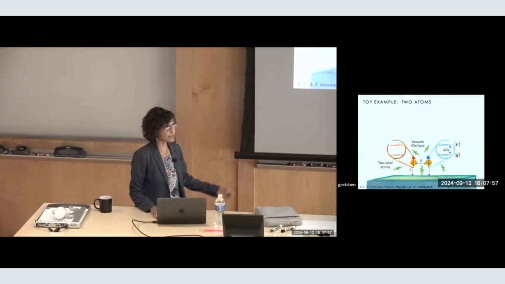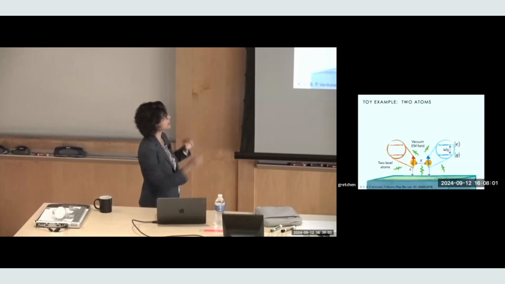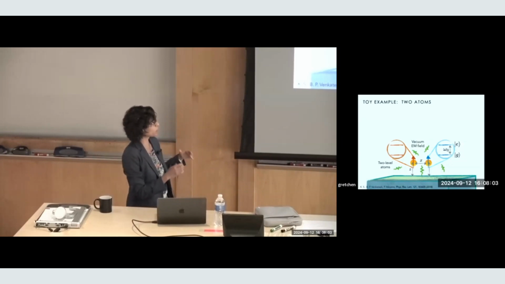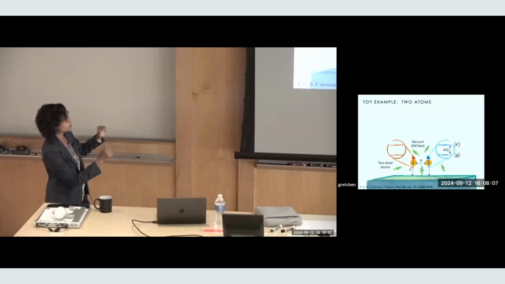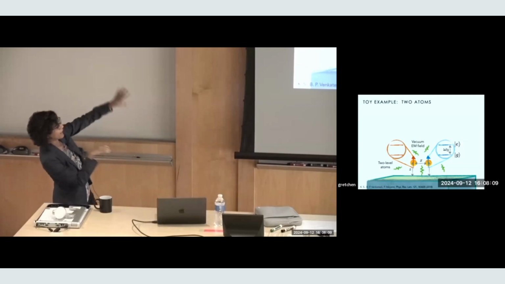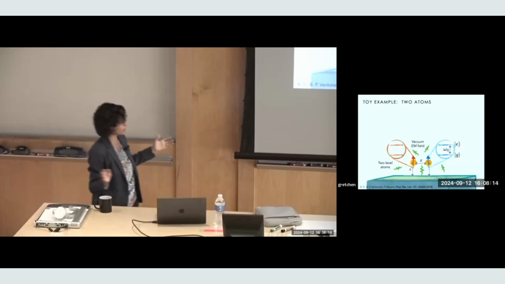So this is, by the way, a manifestation of quantum correlations between these particles, and we'll see what the essence of this is via this toy model. So let's take a toy model. You have a red atom and a blue atom interacting with quantum fluctuations of the electromagnetic field.